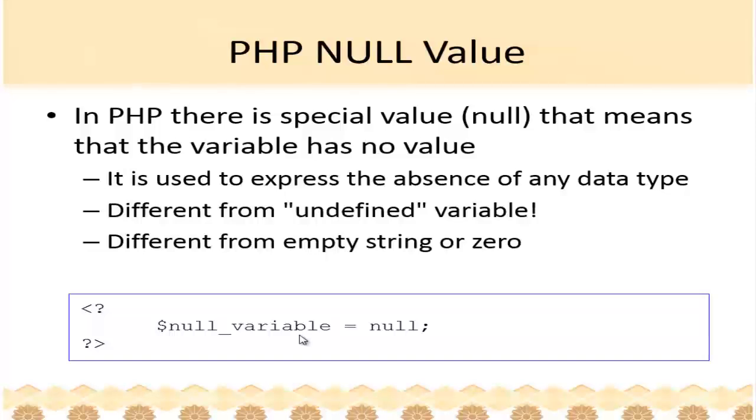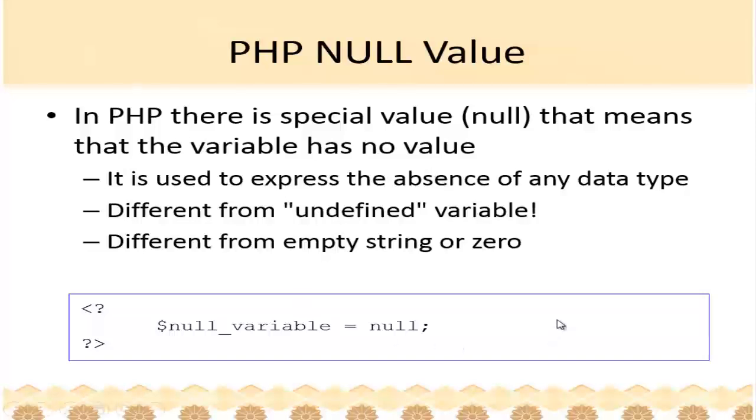Let's look at the other data type, the special data type, and that is null. Null means the absence of a value or the absence of a data type. Whenever you create a variable and don't assign a value to it, it's assumed to be null. It does not contain anything.